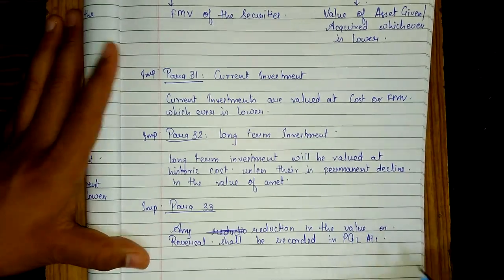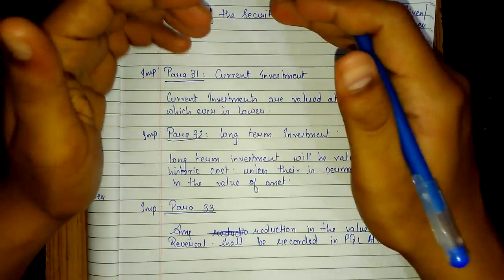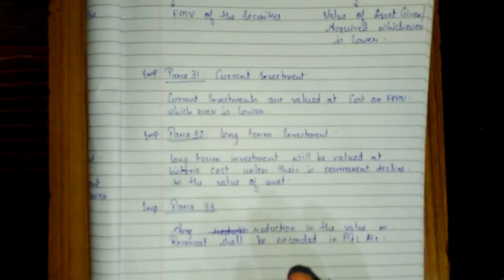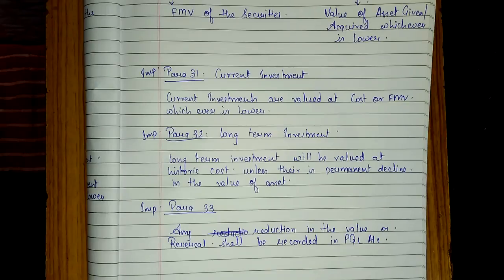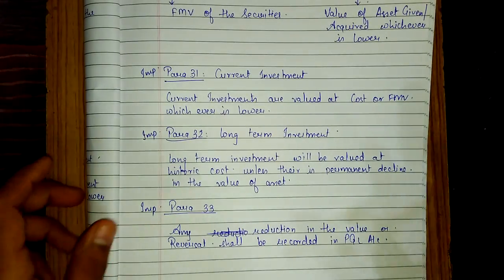So they have guided us what to do if you ever reduce the value of the asset or you reverse it. That means if you have earlier reduced it, now you want to increase it, you have to record it in the P&L account. Hope quite self-explanatory.